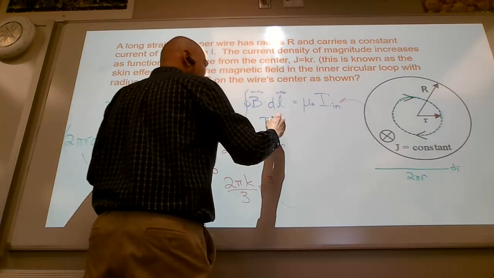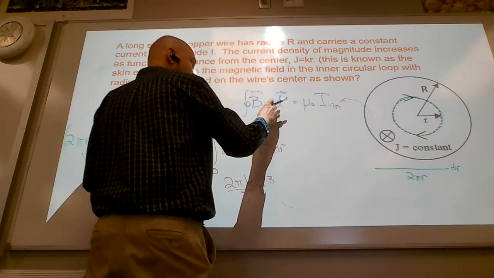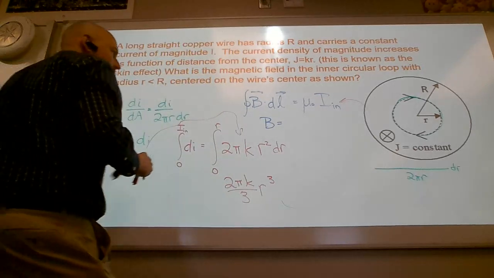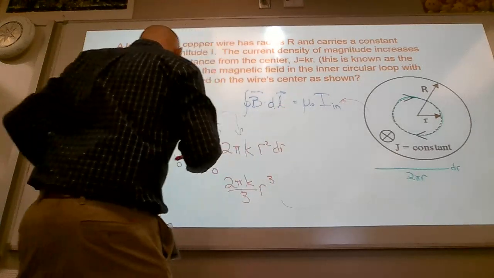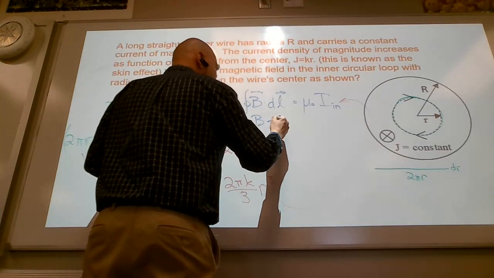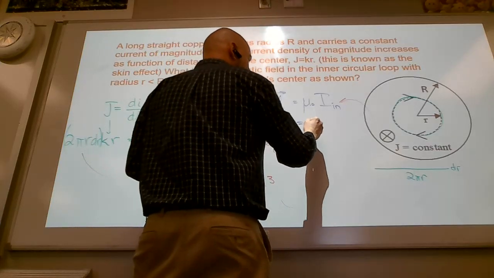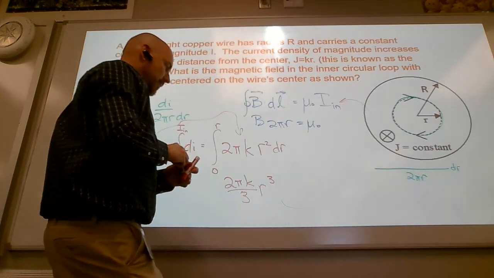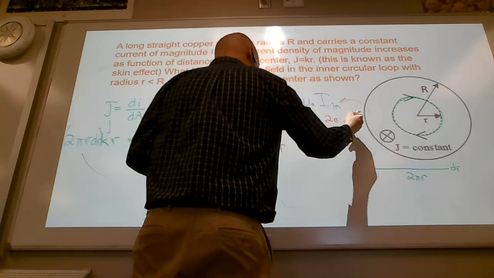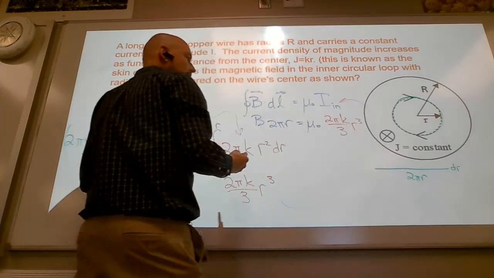And so I have the magnetic field equal to, and then this is just 2 pi. Maybe I should be a better teacher here. B 2 pi r is equal to mu naught times 2 pi k third r cubed.